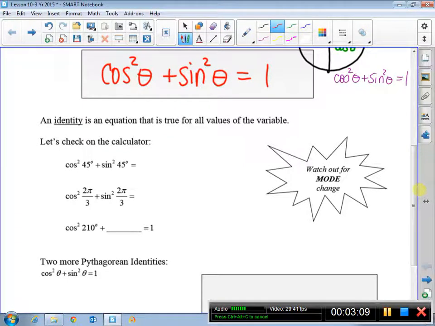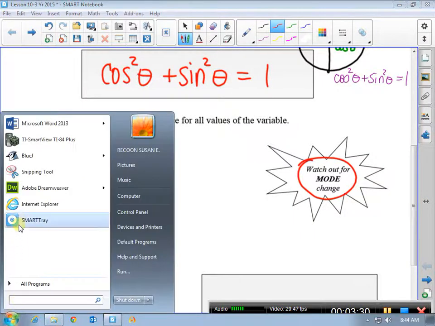Let's check the identity out on your calculator. Definitely watch for a mode change here. So let's try typing in cosine squared of 45 plus sine squared of 45. I'm going to bring my calculator up because I want you to understand how the button presses work.